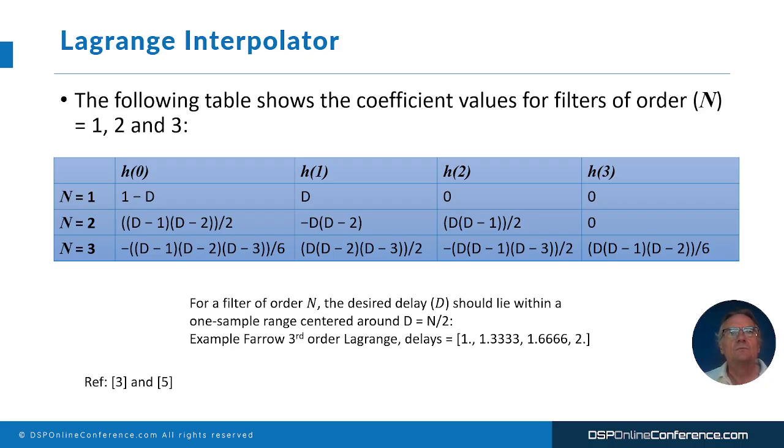For a given delay, depending on the order of your Farrow structure, this gives you the values for your coefficients, H0, H1, H2, etc. I've given an example here of how, with a third order filter, you might choose the nominal delay values of 1, 1.33, 1.666, and 2 as your delay values to compute the interpolator values using the values shown here. And there are some references to show you that.